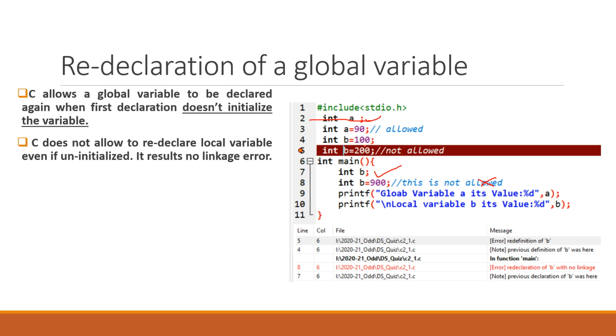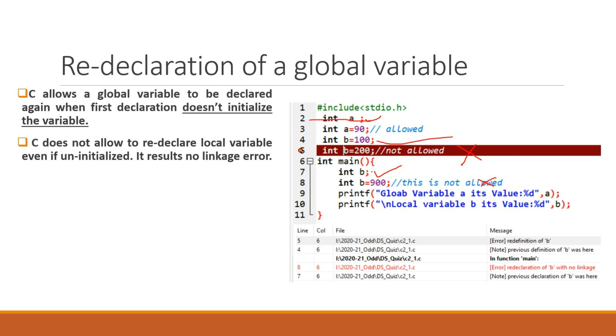Another point is that here global variable b is defined with the data type integer and initialized, but as it is already initialized, you cannot redeclare it. Redeclaration is allowed only if it is not initialized. Redeclaration is not allowed if it is already initialized.